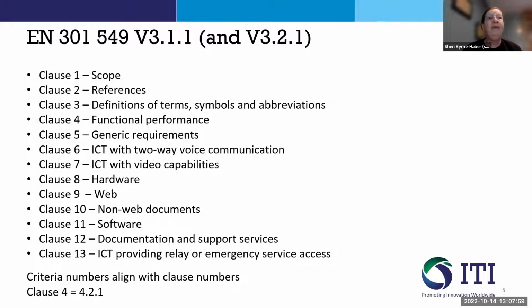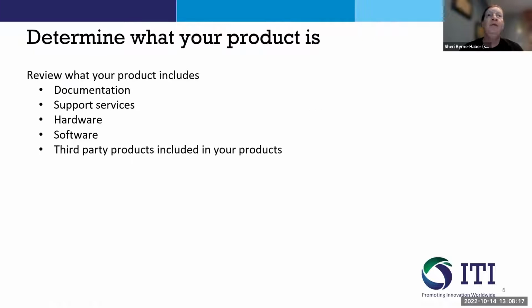So the way the clauses work is that the criteria align with the generic clause number. So for example, if you're in clause 4, you might see something called 4.2.1, and some of these go 5 levels deep. So the first thing you need to do is figure out what's in your product altogether.